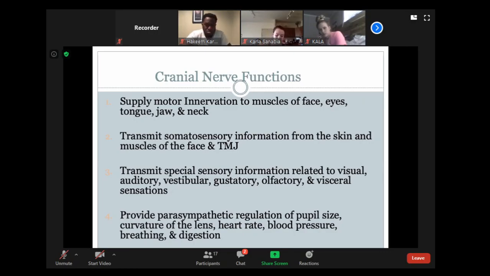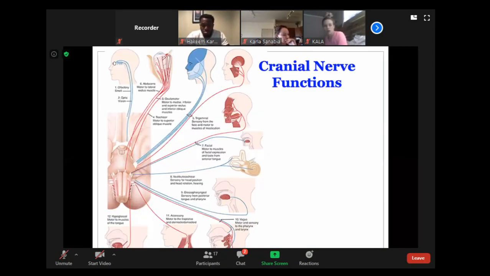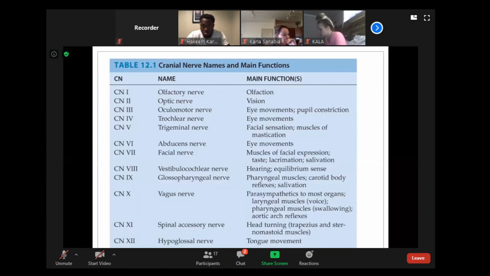Transmit special sensory information related to visual, auditory, vestibular, gustatory, olfactory, and visceral sensations, and provide parasympathetic regulation of the pupil size, curvature of lens, heart rate, blood pressure, breathing, and digestion. He gets into those a little bit more as he goes along. So it's a general layout of what everything's going to be doing.